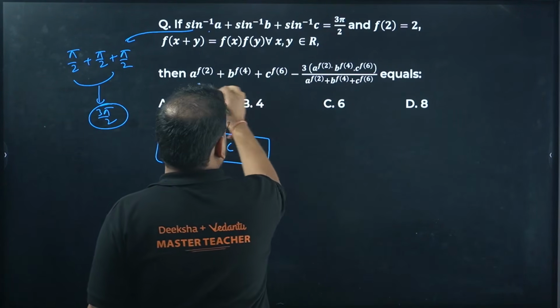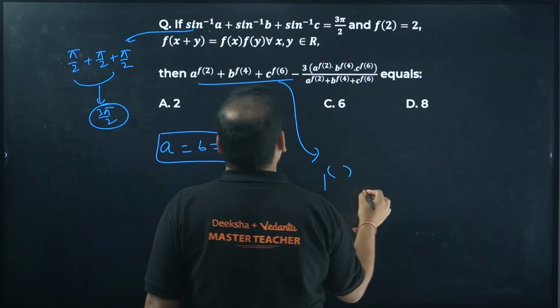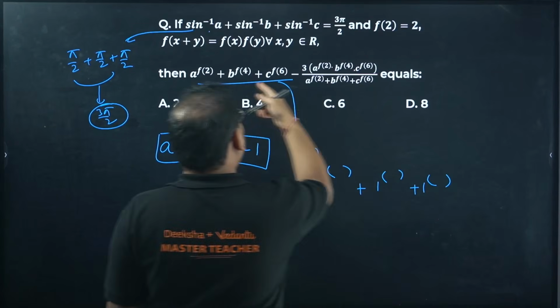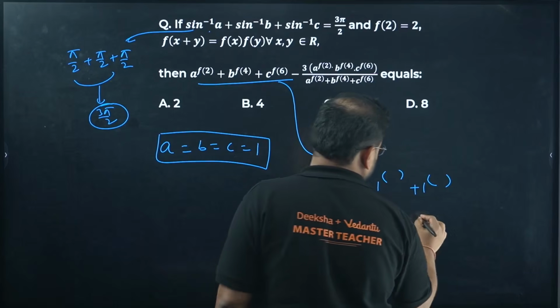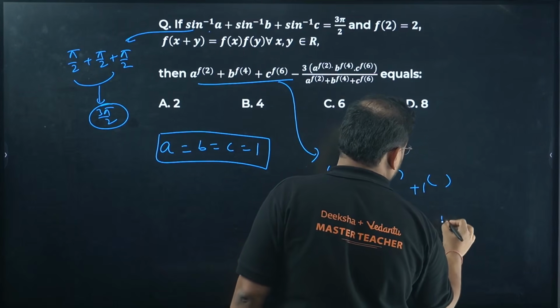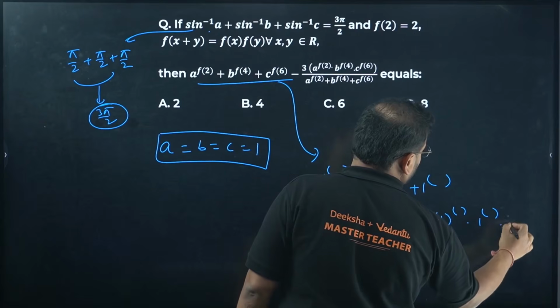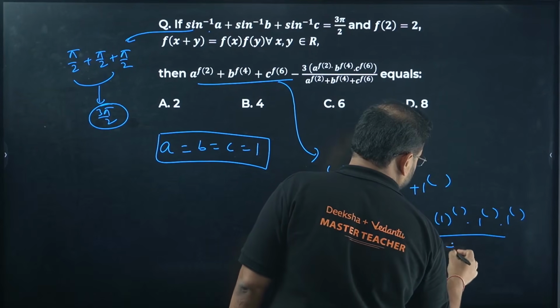Now start solving this question. Doesn't matter. 1 power anything plus 1 power anything plus 1 power anything. Minus 3 times of 1 power anything, again 1 power anything, 1 power anything divided by simply 1 plus 1 plus 1.